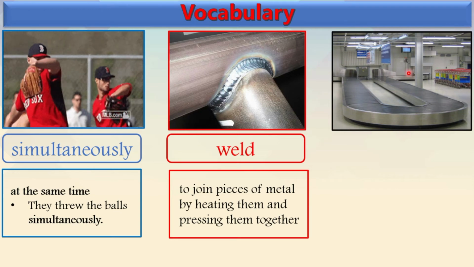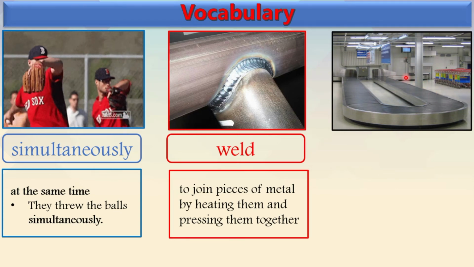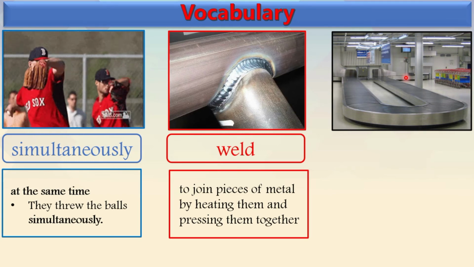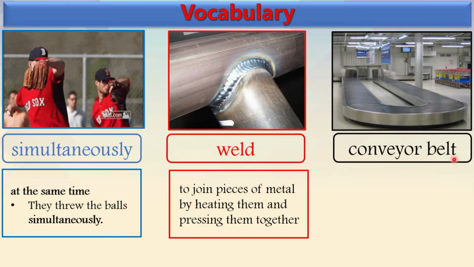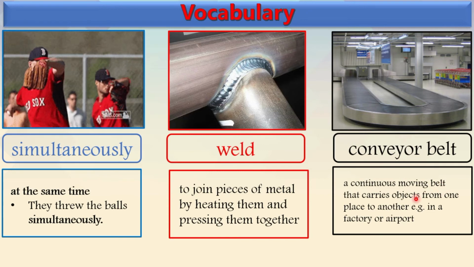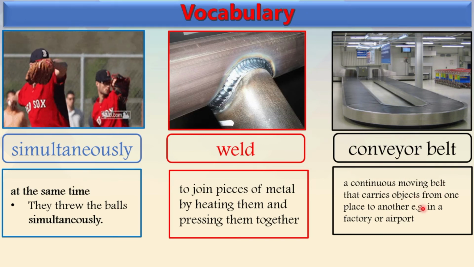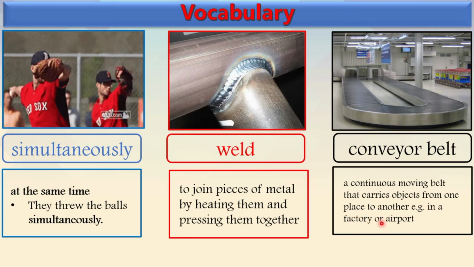Have you seen something like this at the airport before? Of course you have. What is it and what does it do? It's a conveyor belt. It's a continuous moving belt that carries objects from one place to another. For example, in a factory or airport.